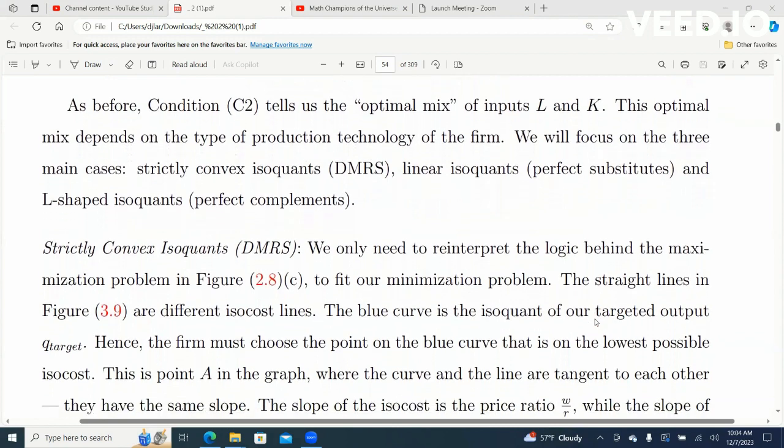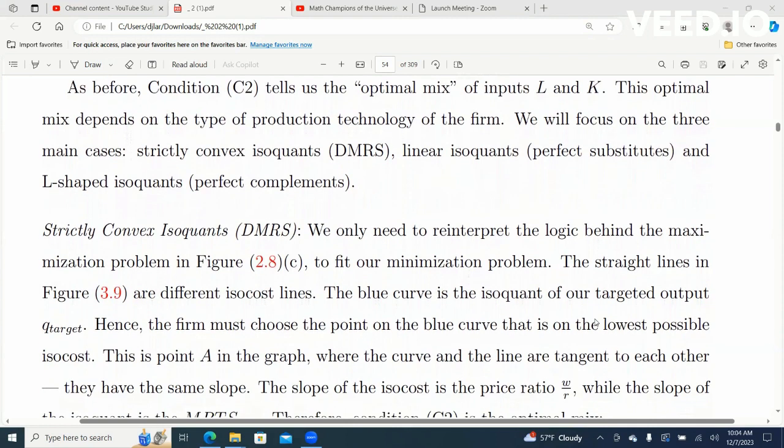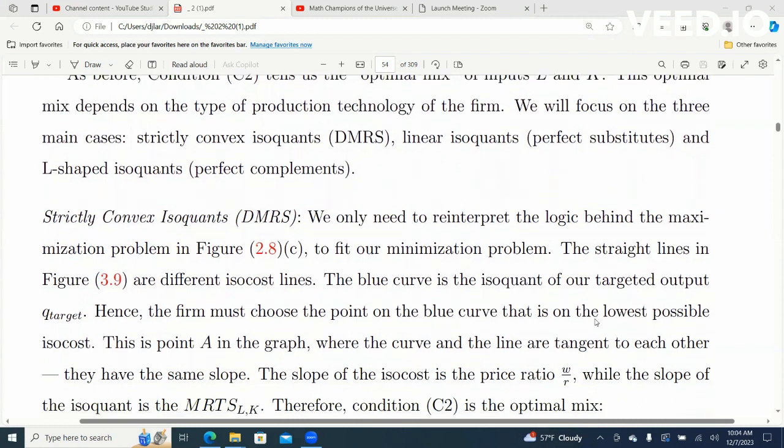Now, condition two. As before, condition two tells us the optimal mix of inputs L and K. This optimal mix depends on the type of production technology of the firm. We will focus on the three main cases: strictly convex isoquants, diminishing marginal rate of substitution; linear isoquants, that's the perfect substitutes; and the L-shaped isoquants, perfect complements.